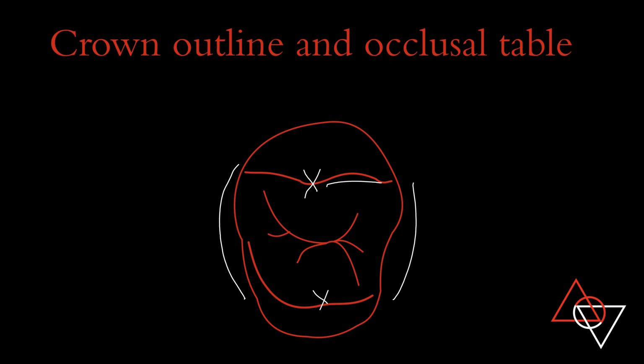This part right here would be the mesial cusp ridge of the buccal cusp, and this would be the distal cusp ridge of the buccal cusp, considering that this side is mesial and this side is distal. And again, on the palatal cusp, this would be the distal cusp ridge of the palatal cusp, and this would be the mesial cusp ridge of the palatal cusp.